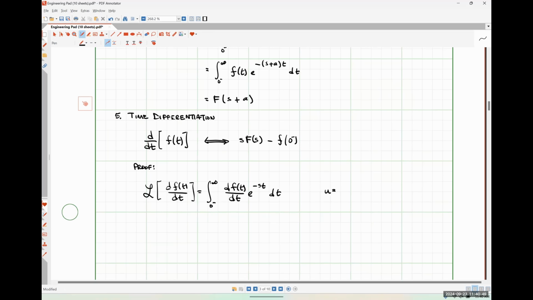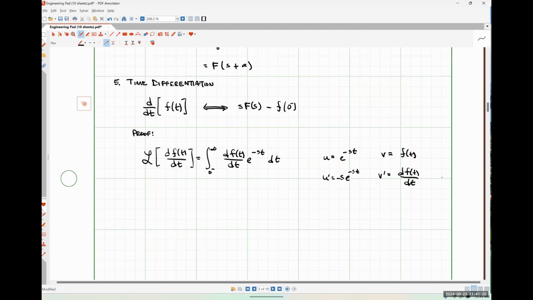Let's let u equal e to the negative st and v prime equal the derivative of f of t with respect to time, so that v is just f of t and u prime is negative s e to the negative st. So just doing integration by parts here.